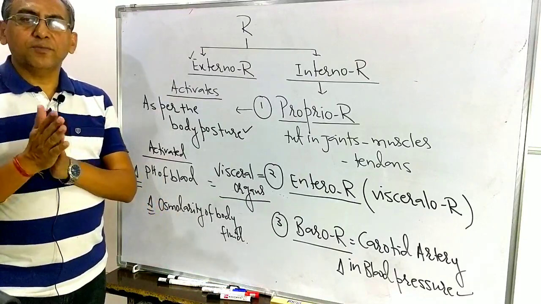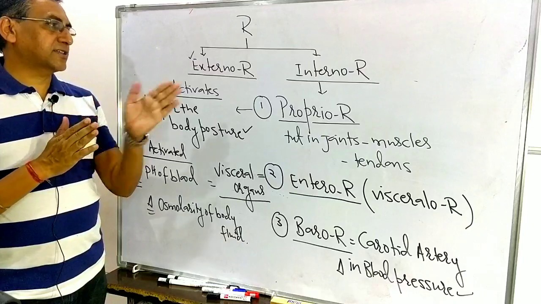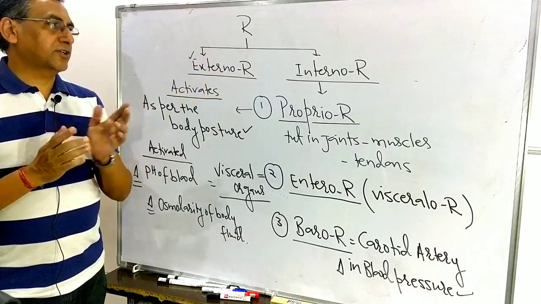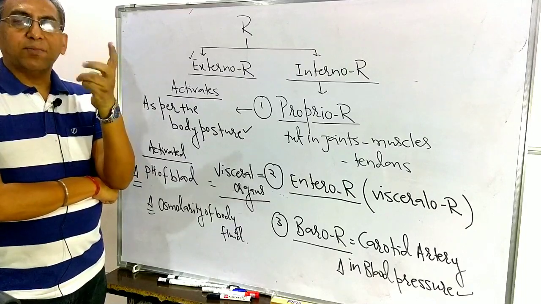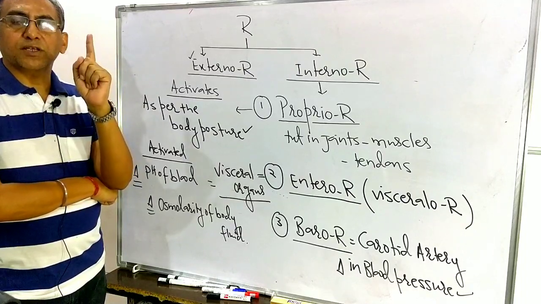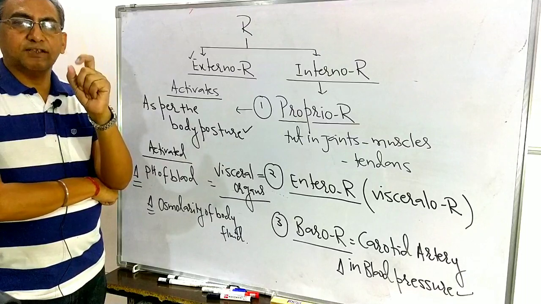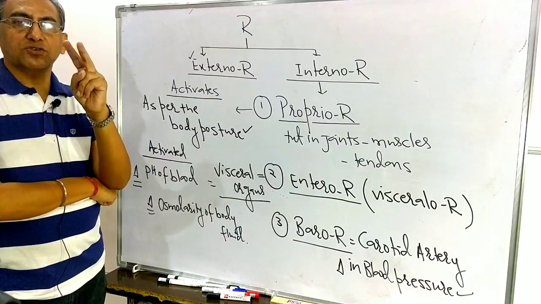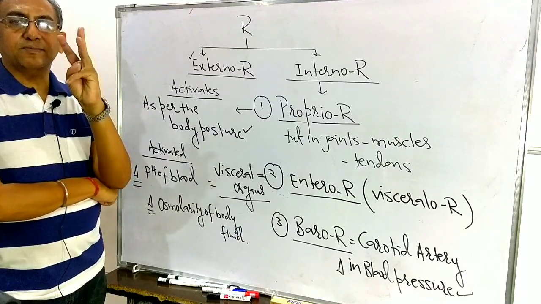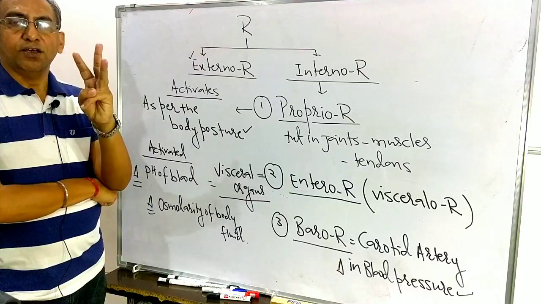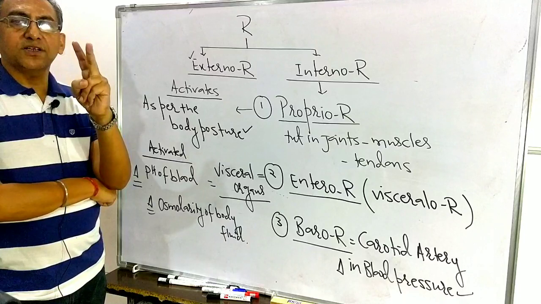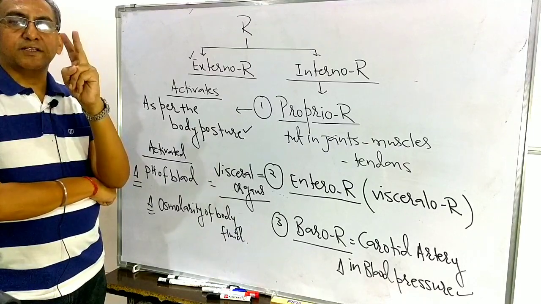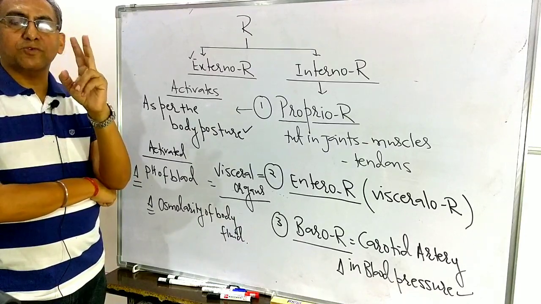So in this way we have completed external and internal. In the external we have completed the photoreceptor, the eye, and the mechanoreceptors: pain, pressure, touch. For pain, algesiceptors, nociceptors, free nerve endings, parietal lobe, somatosensory area. And we have discussed deep pressure, the Pacinian corpuscles, the receptor present in the subcutaneous tissue.